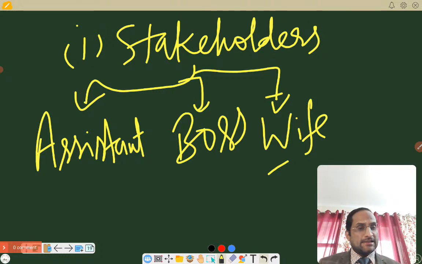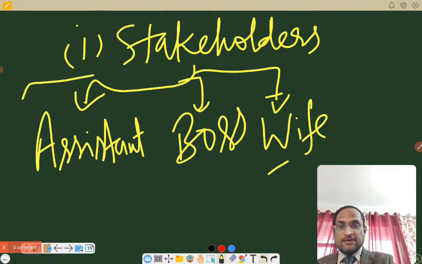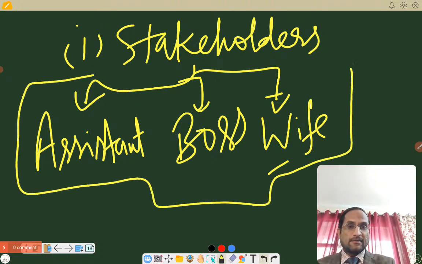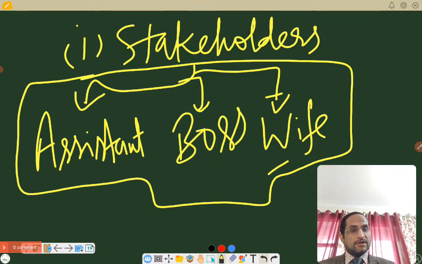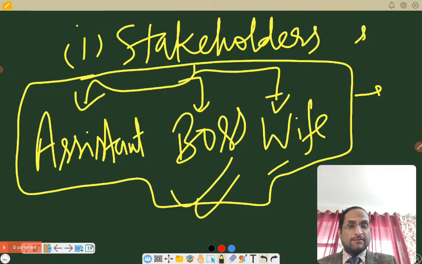Technically speaking, these are the three stakeholders here. You can say the law authorities, you can say the office involved, you can say the society and nation, but that is actually not apt. You should focus on these three people only. You yourself, the boss and the wife.